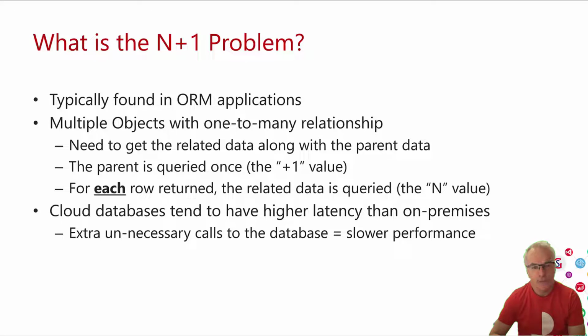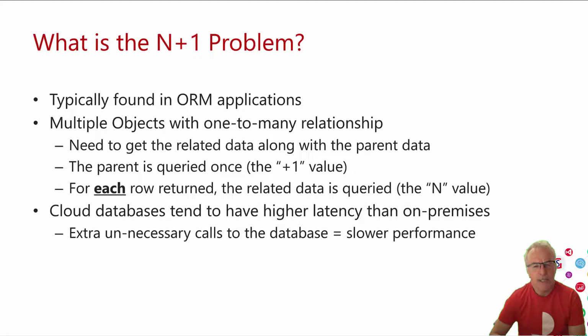Then for each of those, it will go back to the database and get the related information from the child table. Hence the N is however many number of records are pulled from the parent table, plus that one query against the parent table itself, giving you the N+1.